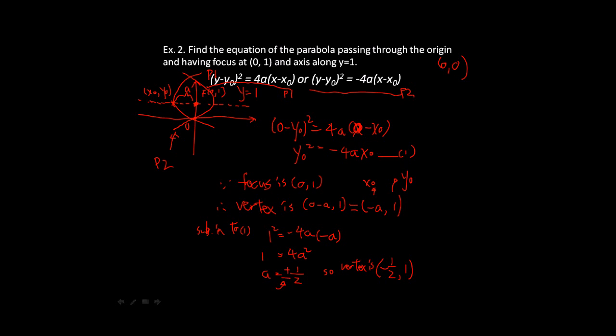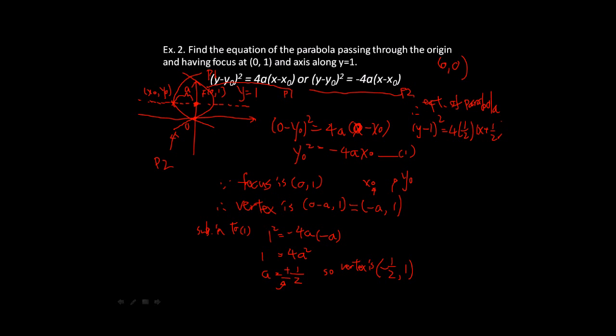So the equation of the parabola, that is the P1 that we need, is y minus 1 square equals 4 times half times x minus x naught, and x naught is negative half, so we have this, and this is the equation of P1.